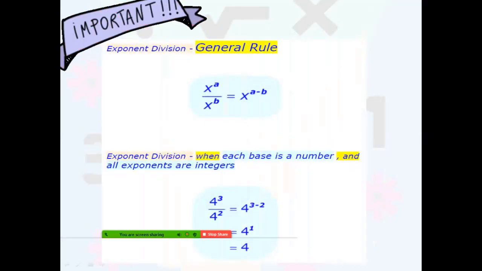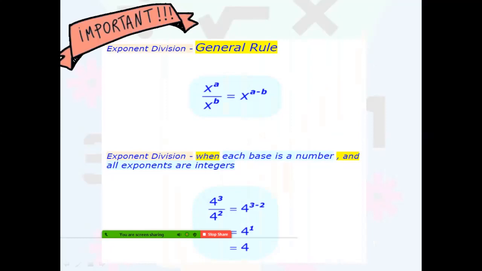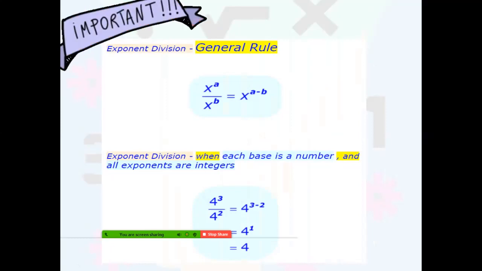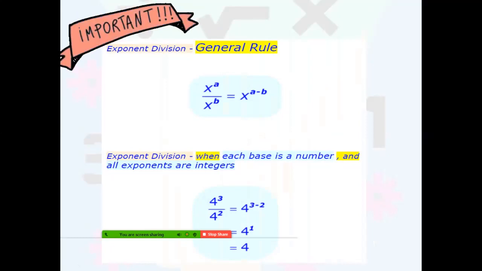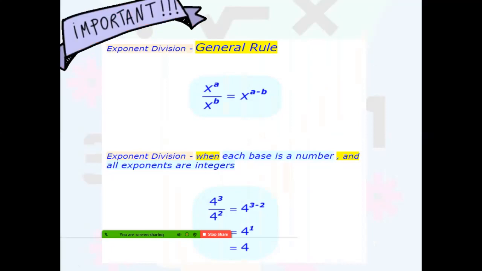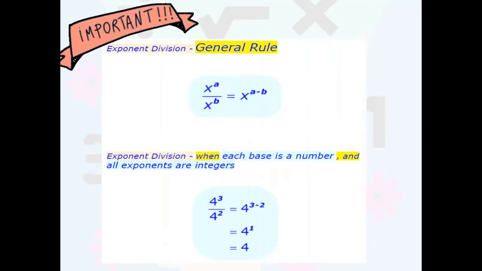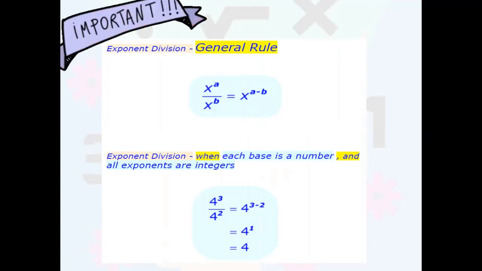Now, let's move on to rule number 2. This rule says that when you are dividing exponents, if the bases are the same, you have to just subtract the exponents. So for multiplying, you add the exponents if the base is the same; for dividing, if the base is the same, you subtract the exponents.